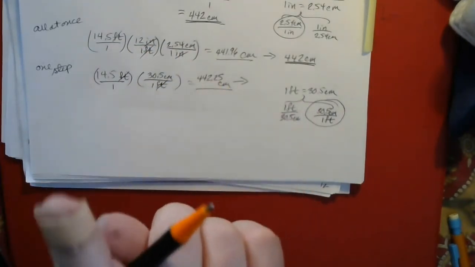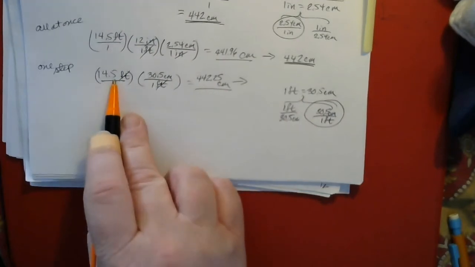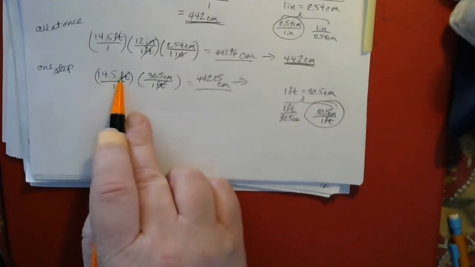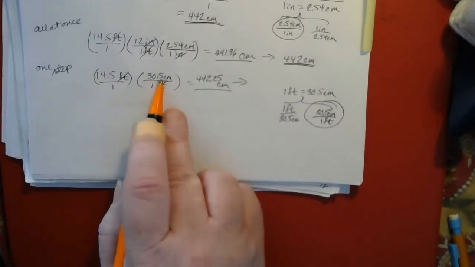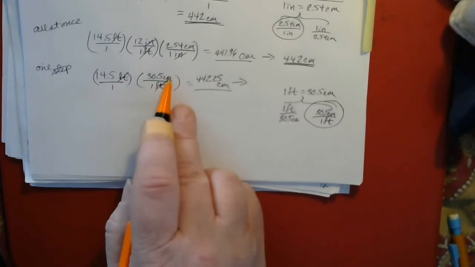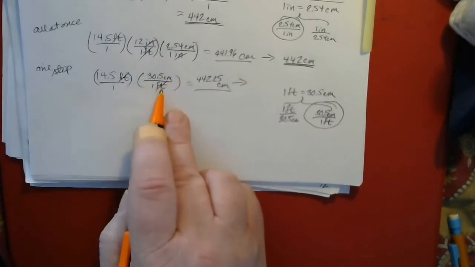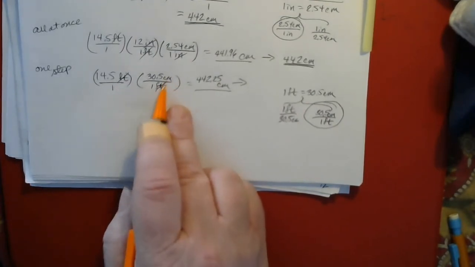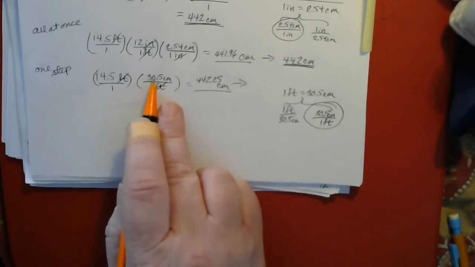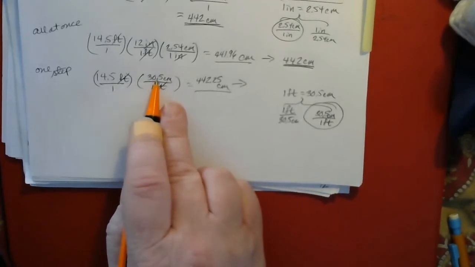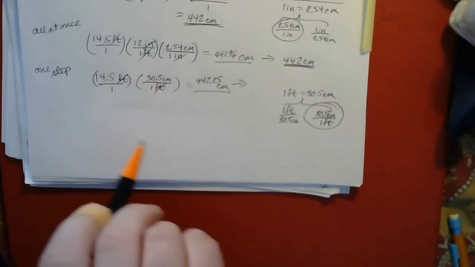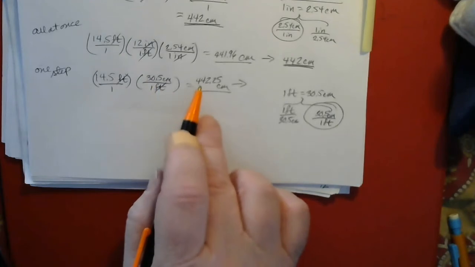But when you go back and check for significant figures, you'll find that we have 3 significant figures in 14.5. The conversion factor is between the metric unit of centimeters and the English unit of feet, and so that is not an exact number. That is, in this case, 3 significant figures. So we need 3 significant figures in the answer, and only 3.